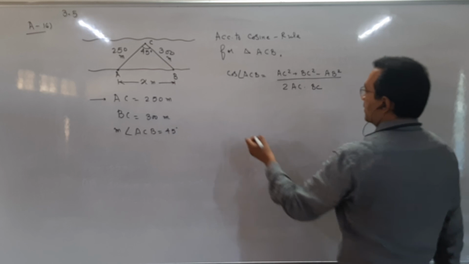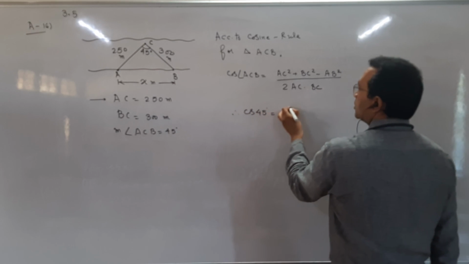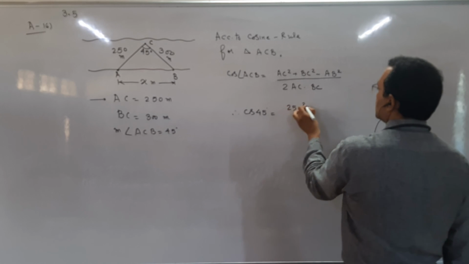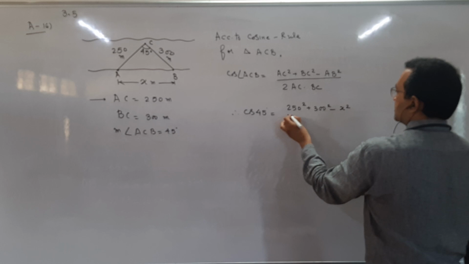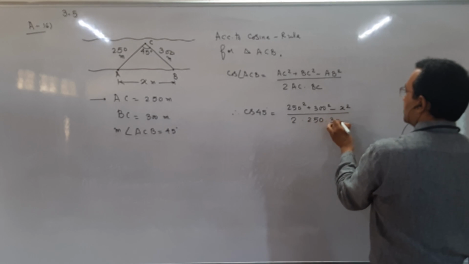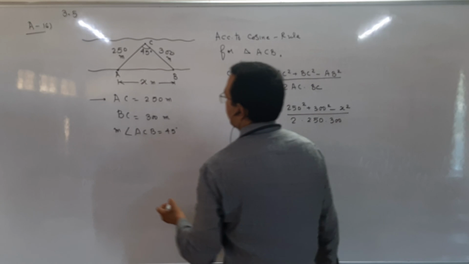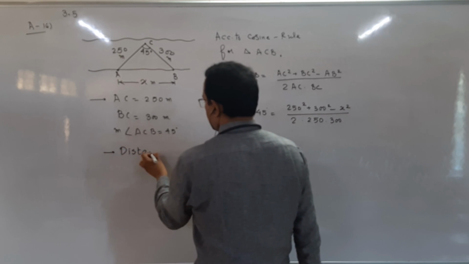Now cos of 45 degrees is equal to 250 square plus 300 square minus x square upon 2 into 250 into 300. We can write the distance between the trees.